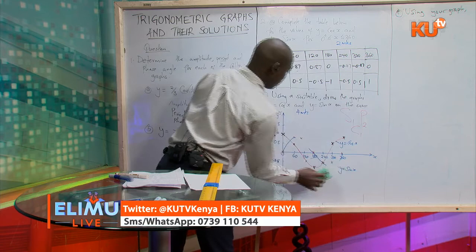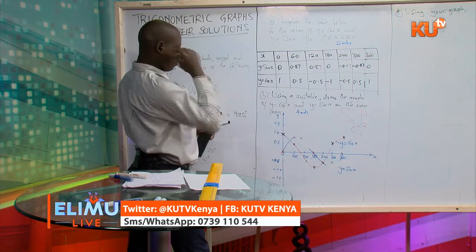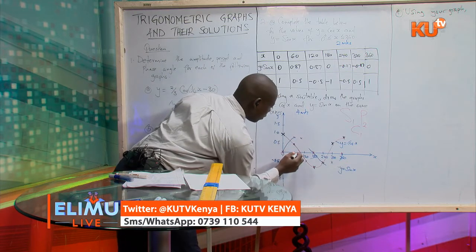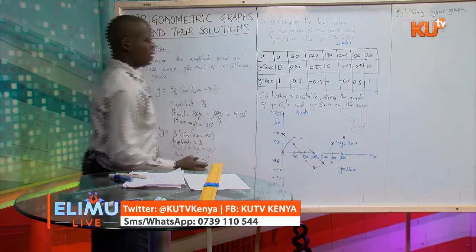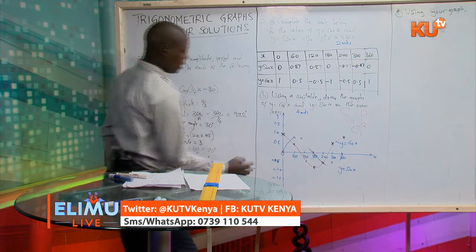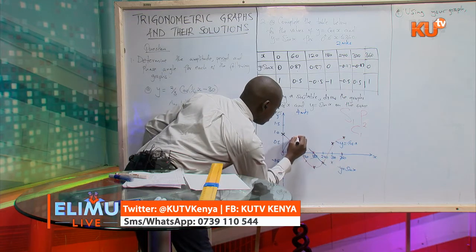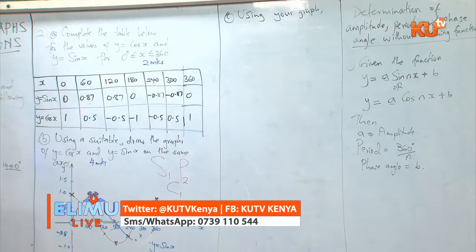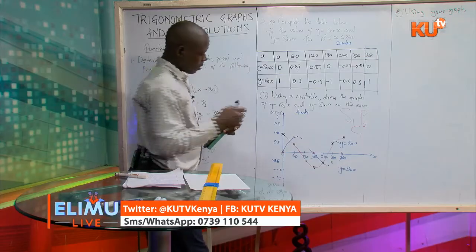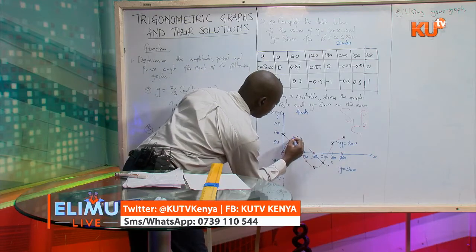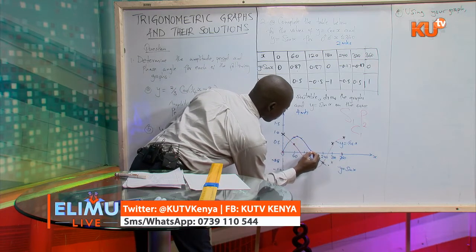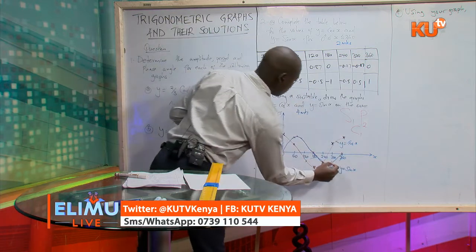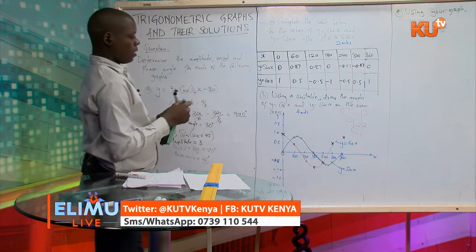So we'll change this. When the 2 points are now close together, we have to get a common turning point. So in between, that is 90, and sine 90 is 1. So this curve should turn at 1, and again, this curve should turn at negative 1. So now when you draw the curve, it should turn this way. Yes, so that is now the curve y is equals to sine x.